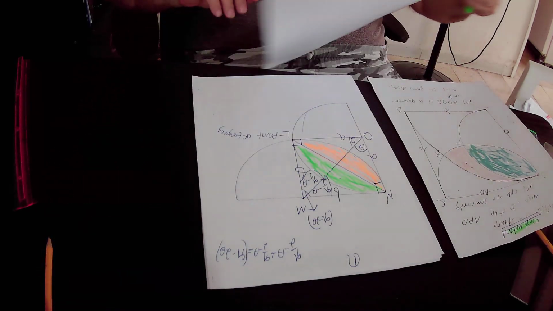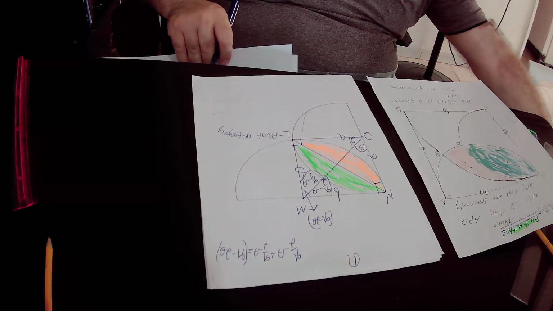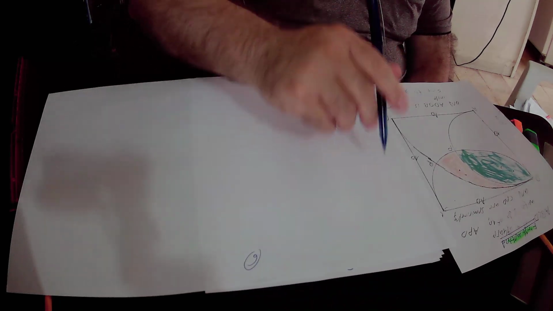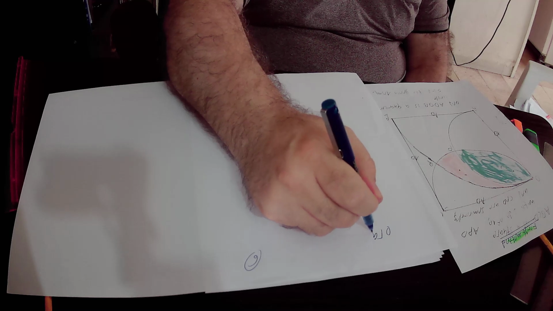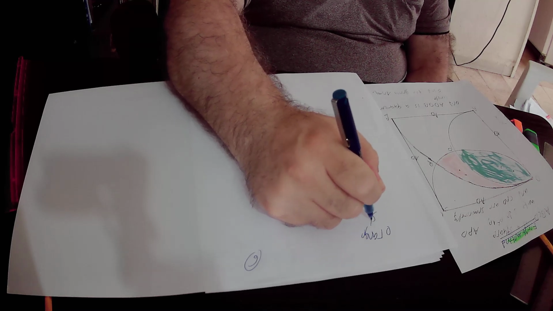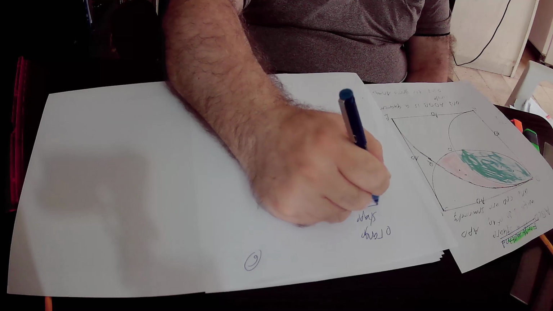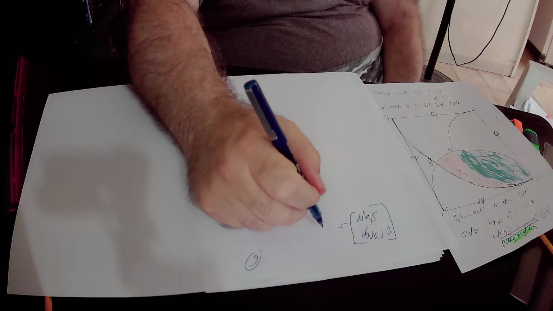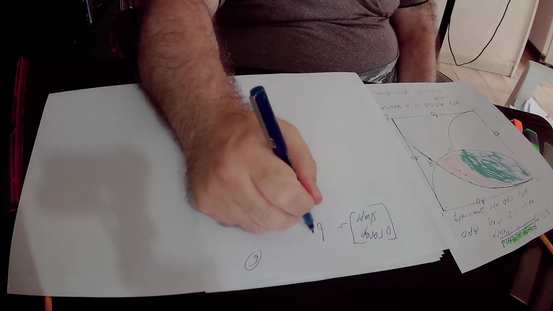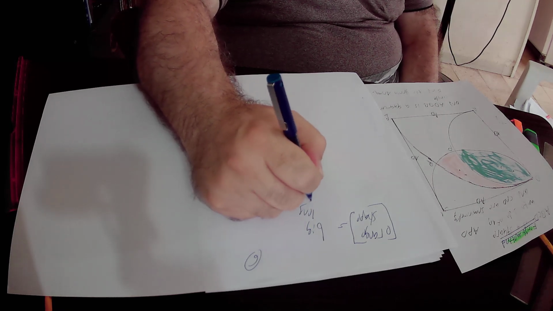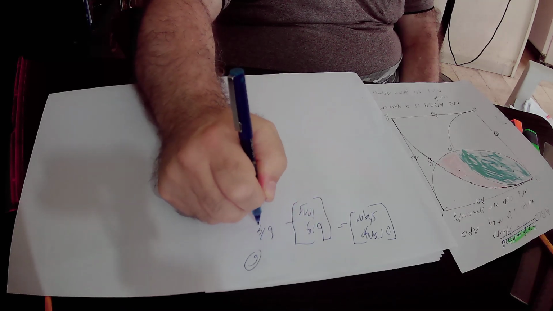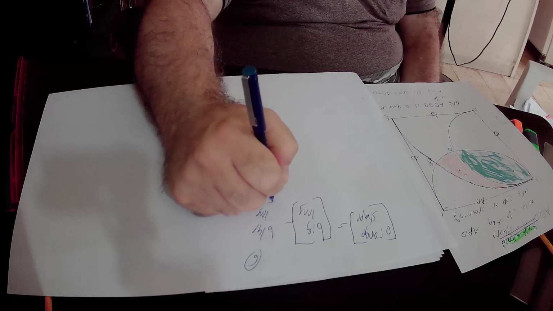The area of the orange shape is equal to the area of the big lens minus the area of the blue lens.